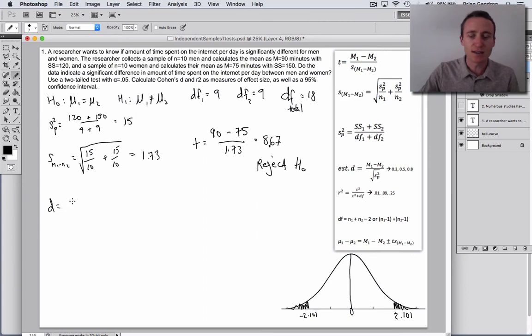So Cohen's d, the estimated Cohen's d, is the formula right here. And your cutoffs, small, medium, and large. Let's go ahead and calculate that. All right, so then square root of pooled variance.